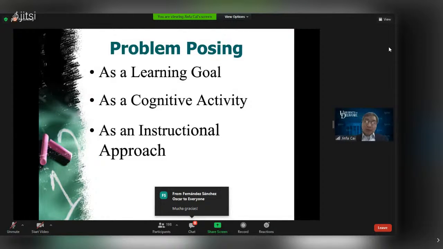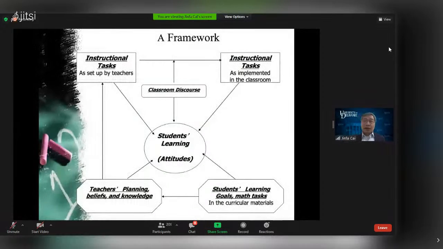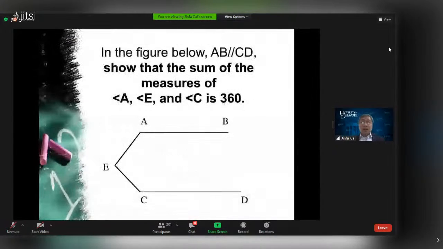And probably that's still not enough about what problem posing is really about. So I'm going to use a quick example to talk about it. The example is this. In the figure below, AB parallel to CD, show that the sum of the measure of the three angles is 360 degrees.